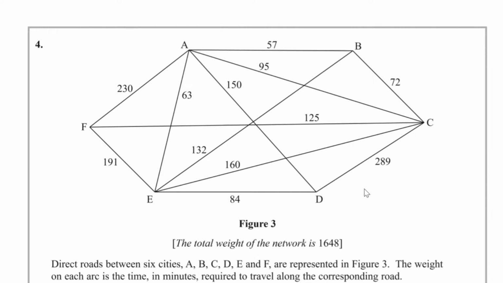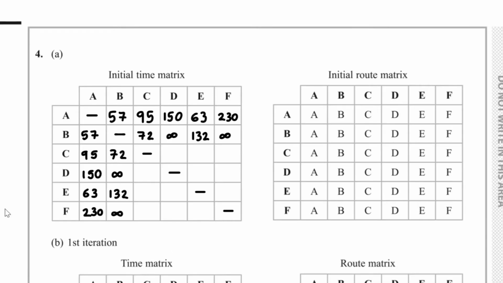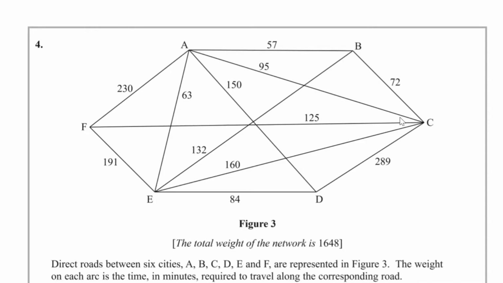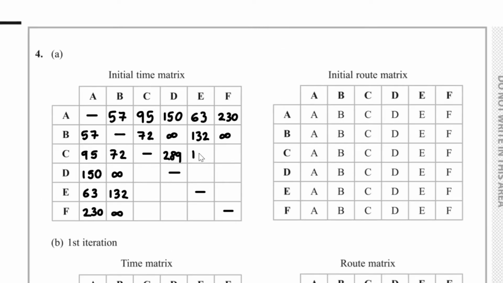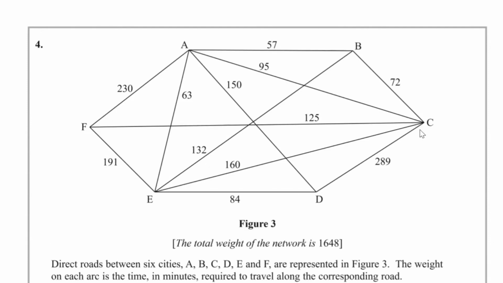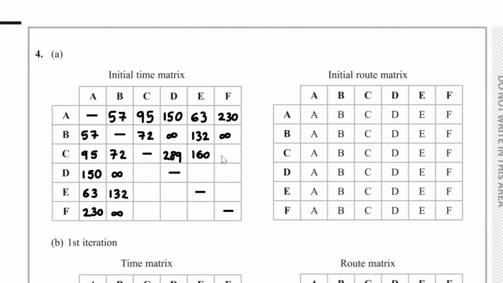Now C to D, there's a direct way of getting there, 289. C to E, that's 160. C to F, that's 125.